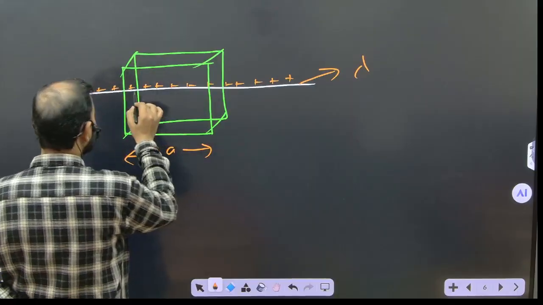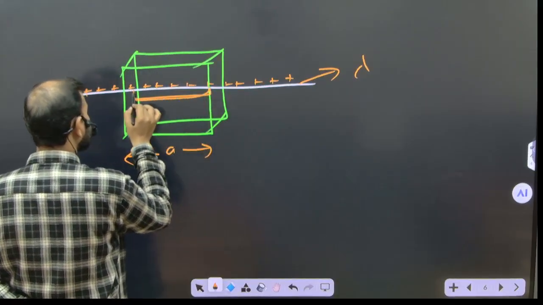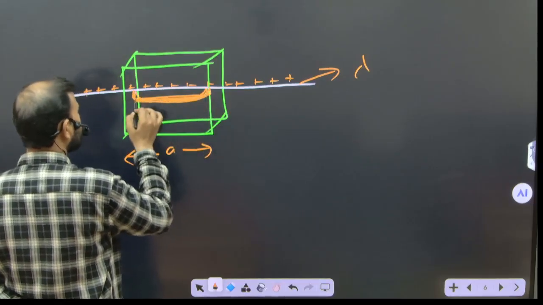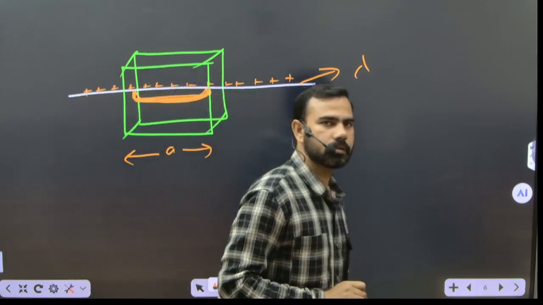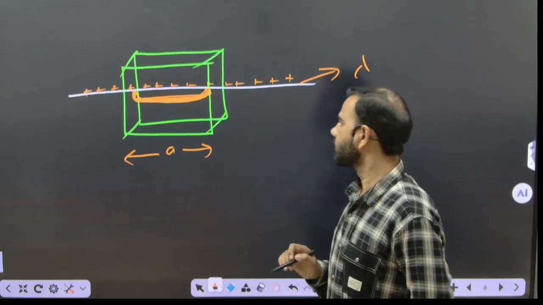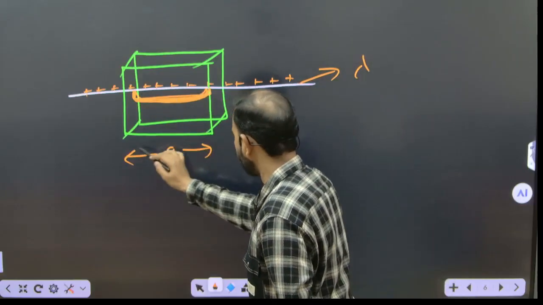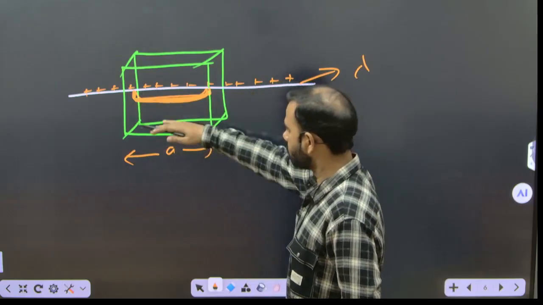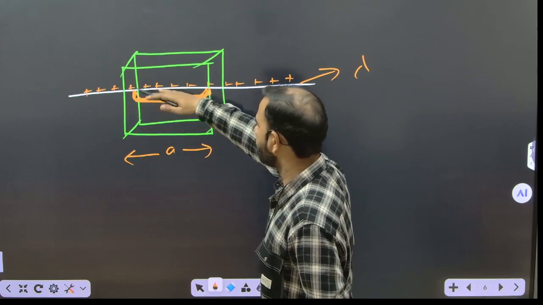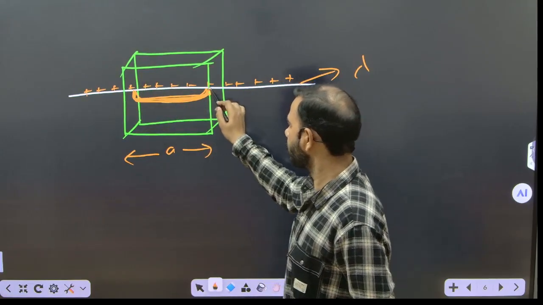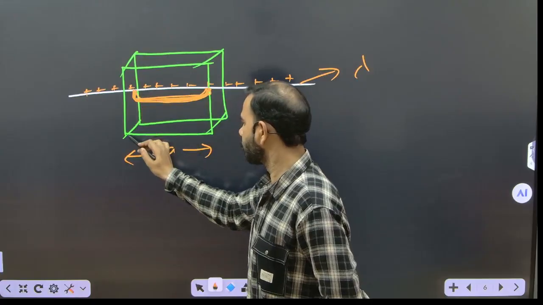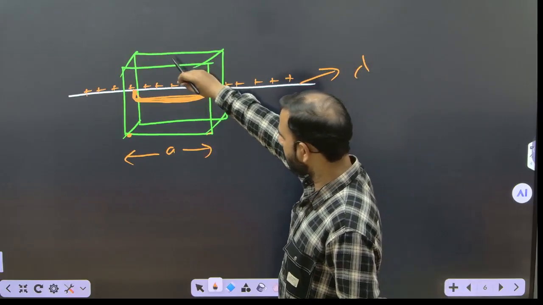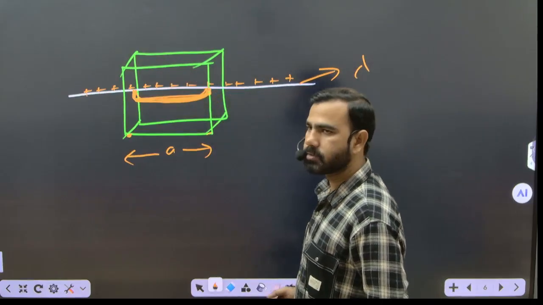You can see only this portion of the straight charge is inside the closed surface, so we take this length A. Only the charge on this length will be inside the cube.